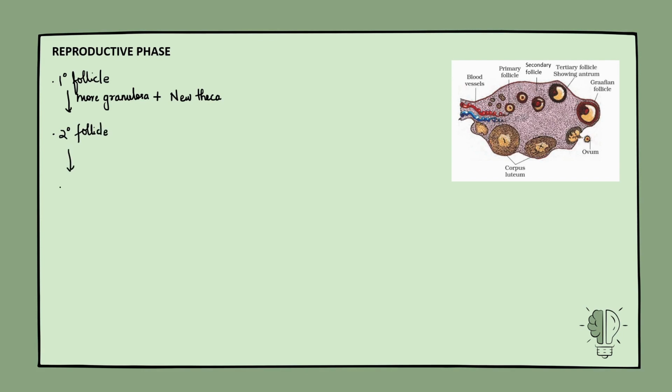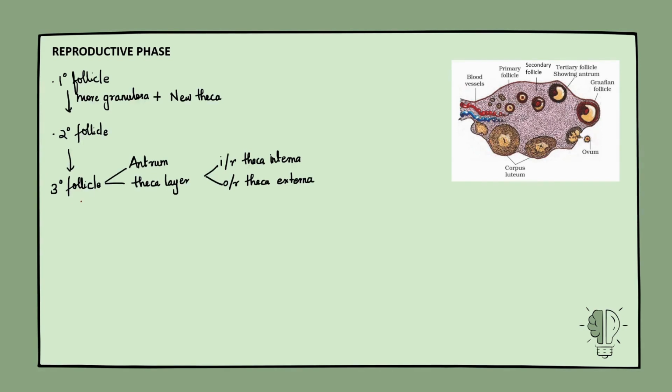The secondary follicle then transforms into the tertiary follicle, which has a fluid-filled cavity called antrum, and the theca layer is organized into inner theca interna, and outer theca externa. Alright.